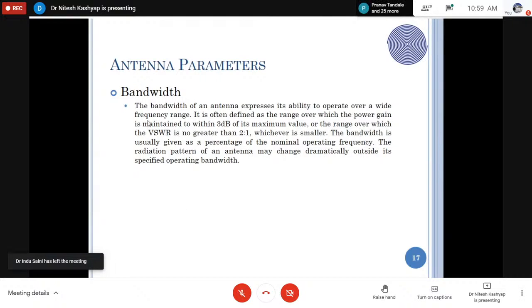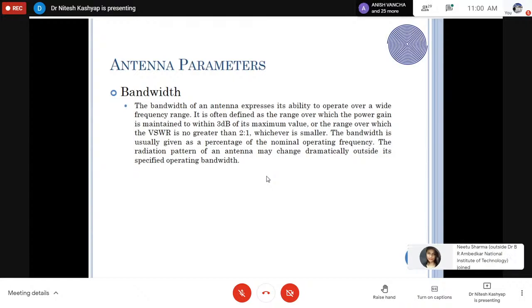If the bandwidth of an antenna is expressed in its ability to operate over a wide frequency range, it is often defined as the range over which the power gain is maintained to within 3 dB of its maximum value, or the range over which the VSWR is no greater than 2:1, whichever is smaller. The bandwidth is usually given as a percentage of the nominal operating frequency.